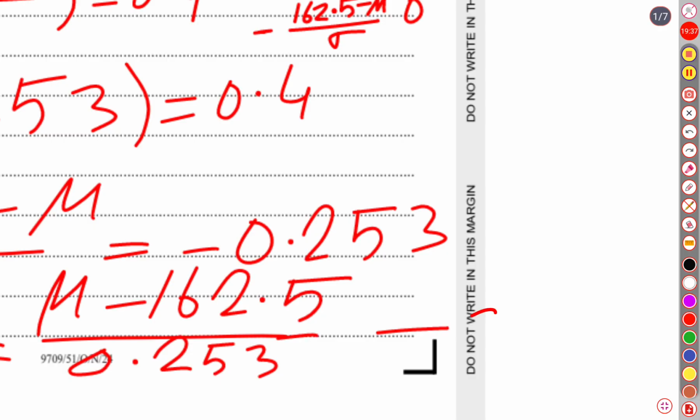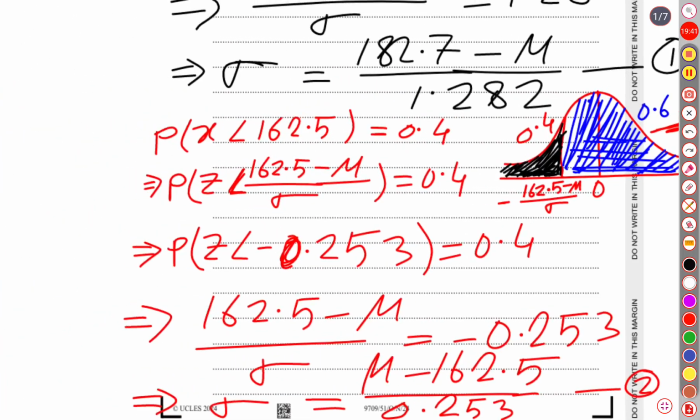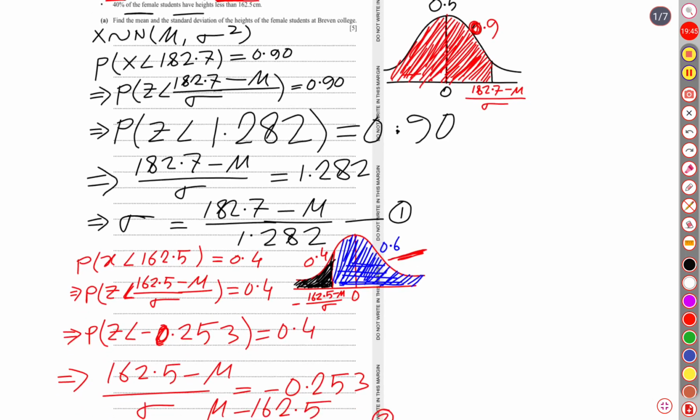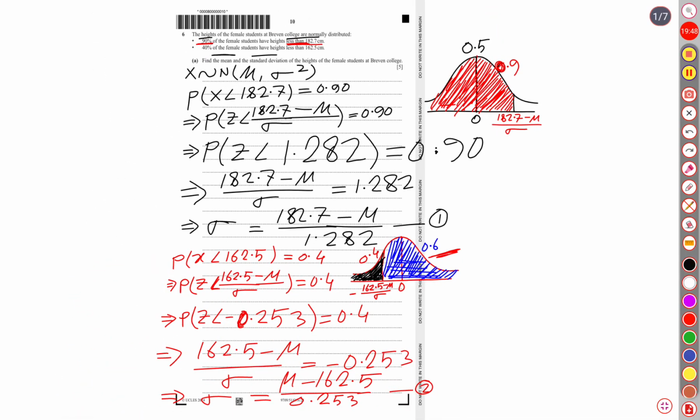This is equation number 2. We have already explained that as there are two values to be obtained, there will be two equations, and now we are going to solve the equations simultaneously.